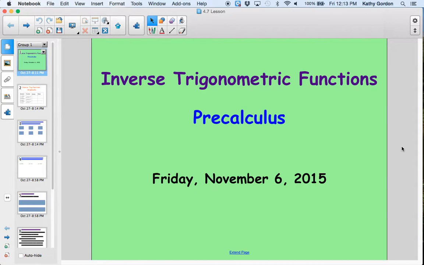Because if we are trying to solve equations that have variables inside of some function, we need a way to undo it. So our functions need inverse functions as ways to undo them.